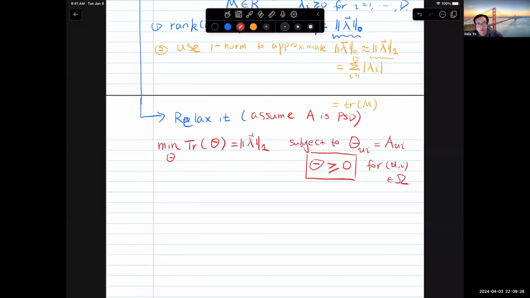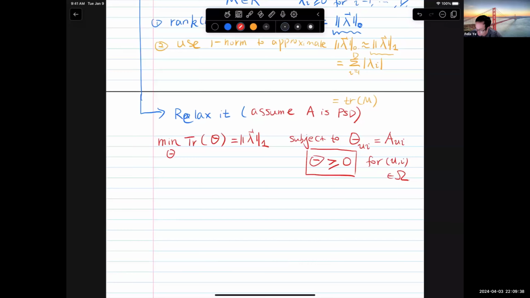But of course, this is not ideal because we have this assumption right here. A has to be a positive semi-definite matrix. But what if I'm interested in a rectangular matrix?